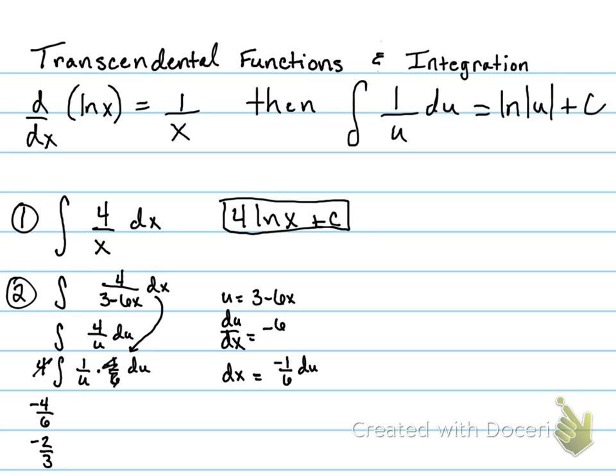Now the integral of 1 over u is just going to be the ln of u plus c. We have the ln of whatever our u is, which is 3 minus 6x, plus c. So this would be our final answer for that second problem.